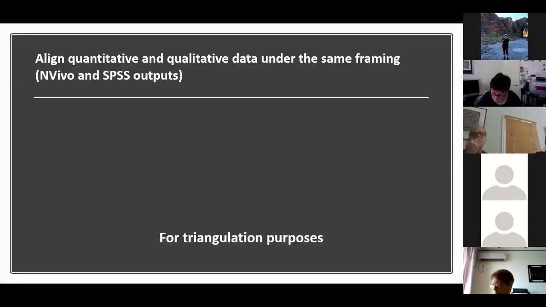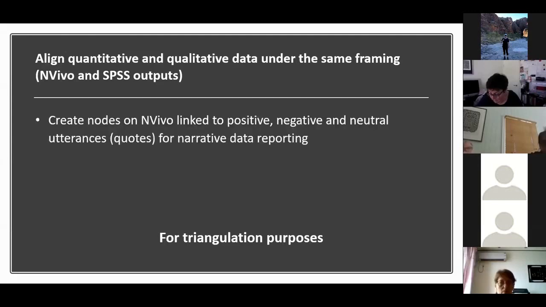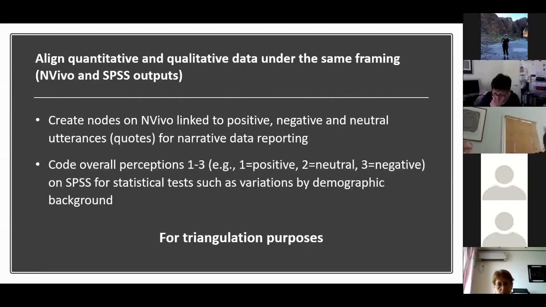What we mean by aligning quantity and quality data under the same framing in NVivo and SPSS output is that in addition to creating notes on NVivo that link to the themes that emerged from the interview data, we also create notes on NVivo that link to positive, negative, neutral utterances for narrative data reporting, complementing the coding on SPSS on overall perception on level 1, 2, 3, positive, neutral, and negative, for statistical tests such as variation by demographic background.